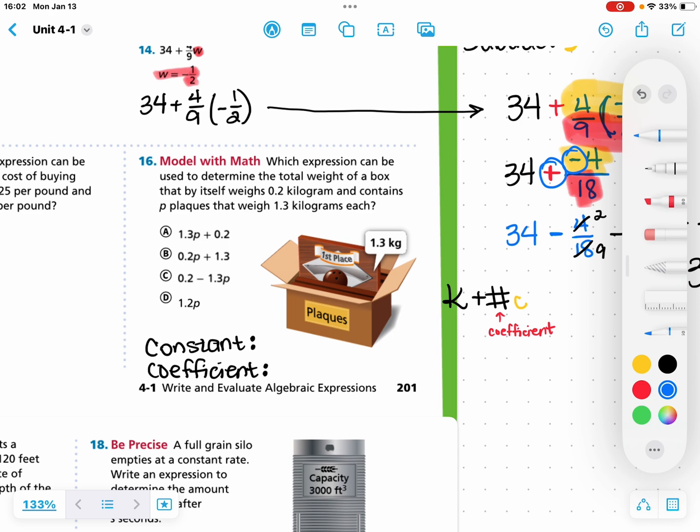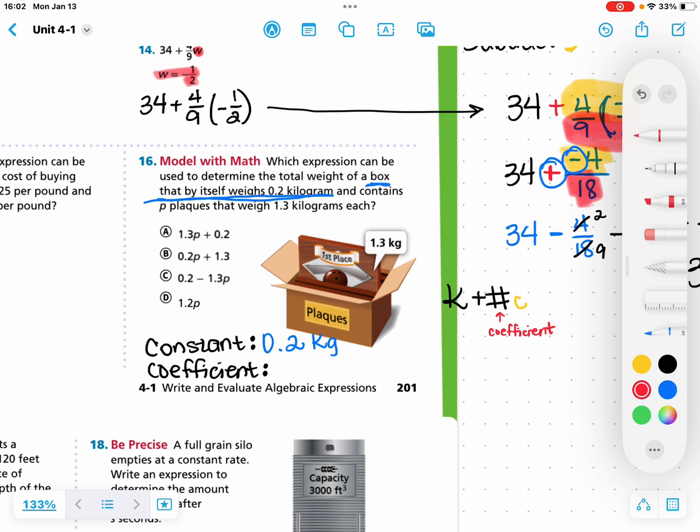So with my constant, this is not going to change. It says, which expression can be used to determine the total weight of a box that by itself weighs 0.2 kilograms. What this means is that this box by itself is going to be 0.2. So that is your constant, 0.2 kilograms.